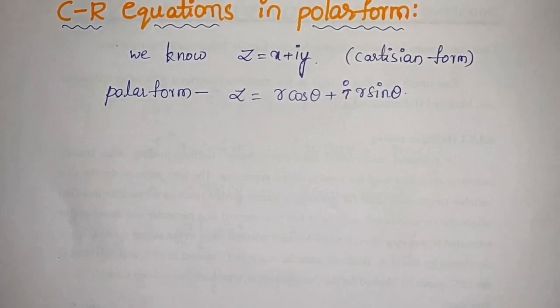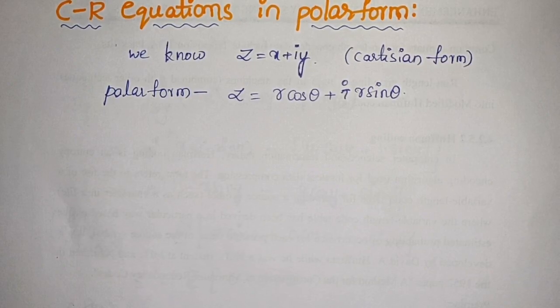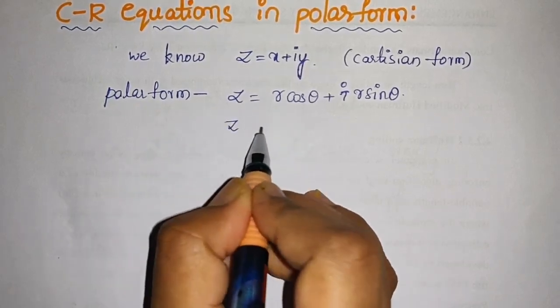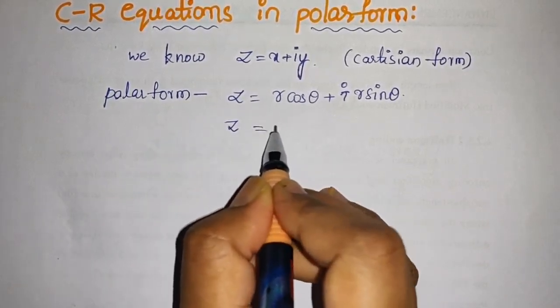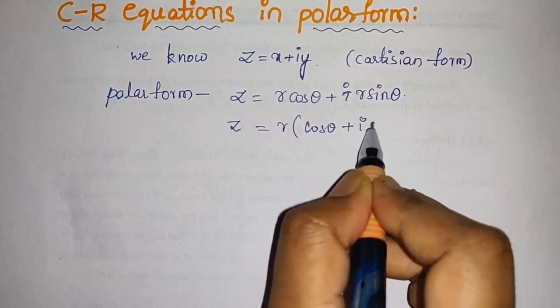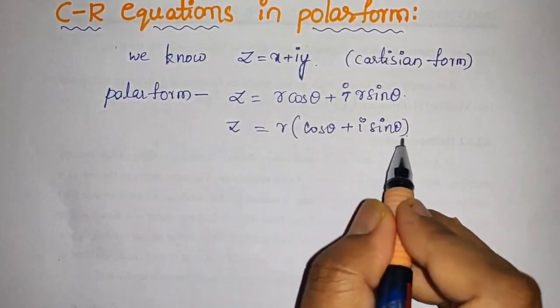So we know that z equals x plus iy, which is the Cartesian form. In polar form, z can be written as r cos theta plus i into r sin theta, where from these two we can take r as common. z equals r into cos theta plus i sin theta, but this is in the form of a power series.